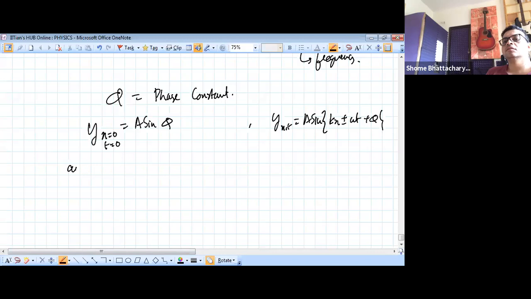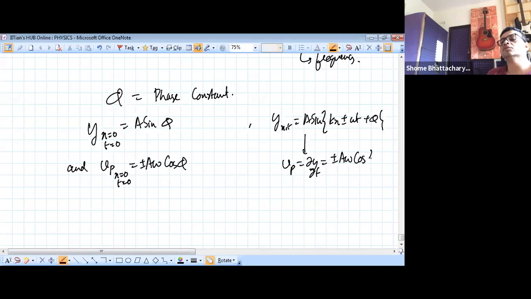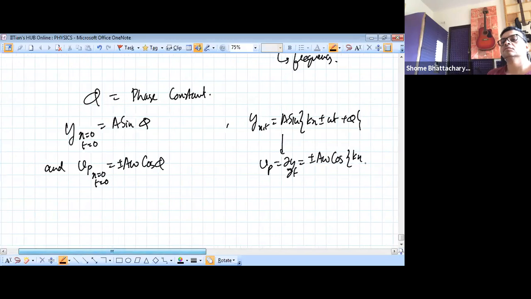And particle velocity at x equal to 0, t equal to 0 is nothing but plus minus a omega cos phi, because from this you can see that particle velocity, which is del y by del t, is plus minus a omega cos of (kx plus minus omega t plus phi).